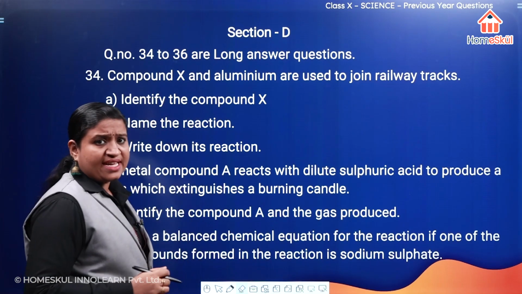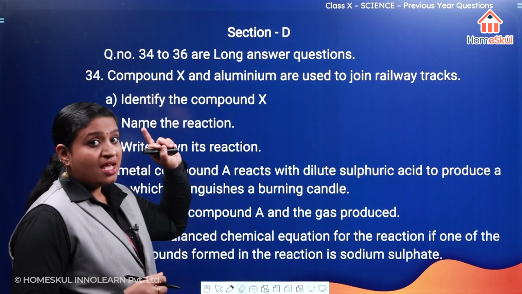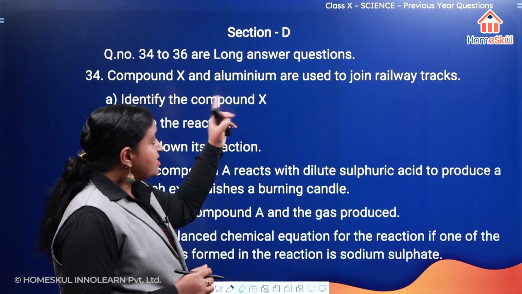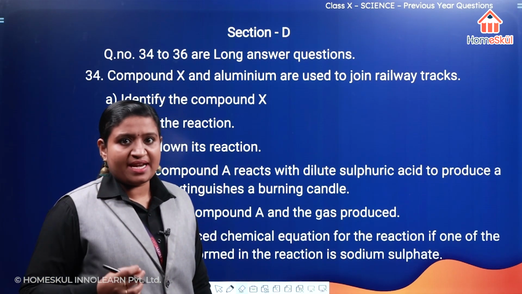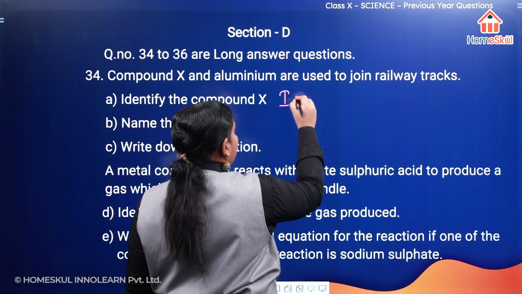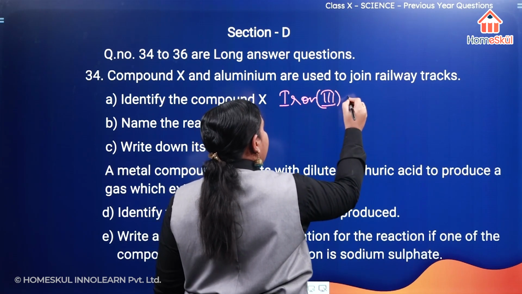What is the compound X here? We know aluminium reacts with iron trioxide, isn't it? And it is used to join railway tracks. We call that reaction thermite reaction, isn't it? So, here the compound X is iron trioxide. Okay, iron trioxide.